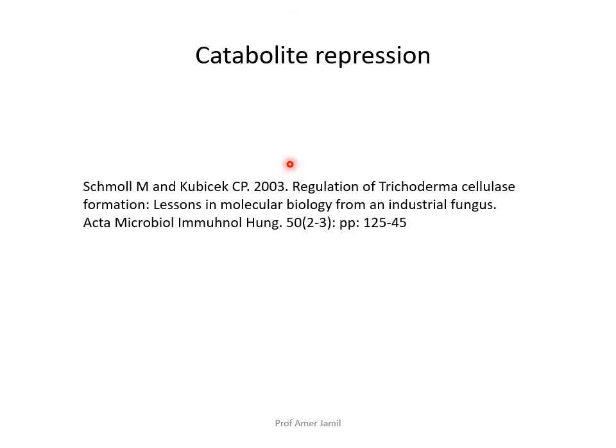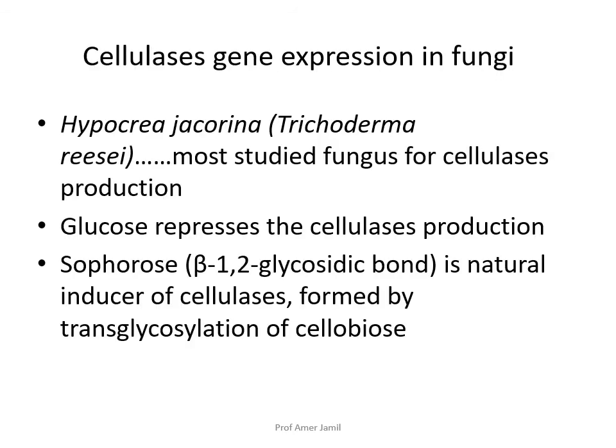We already discussed catabolite repression in case of prokaryotes in the lac operon system. Although this paper is quite an older one, it gives us the fundamentals of the molecular biology of this very important industrial fungus, and a good example of catabolite repression in case of eukaryotes.